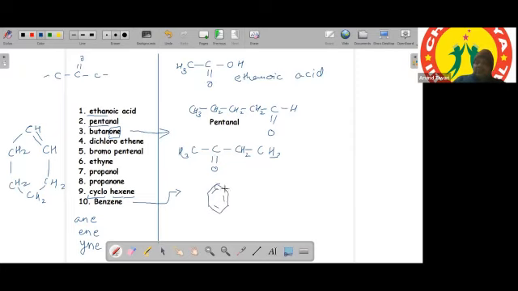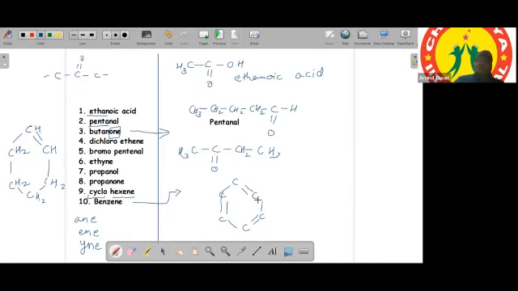At each corner you have a carbon atom. Make it like this, then attach alternate double bonds. There have to be alternate double bonds.